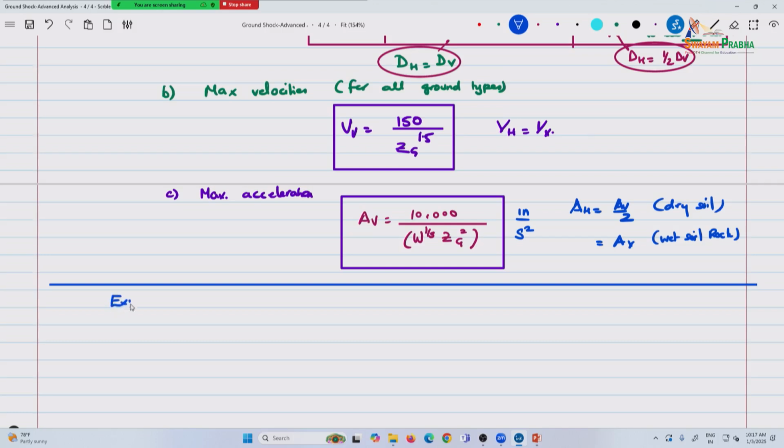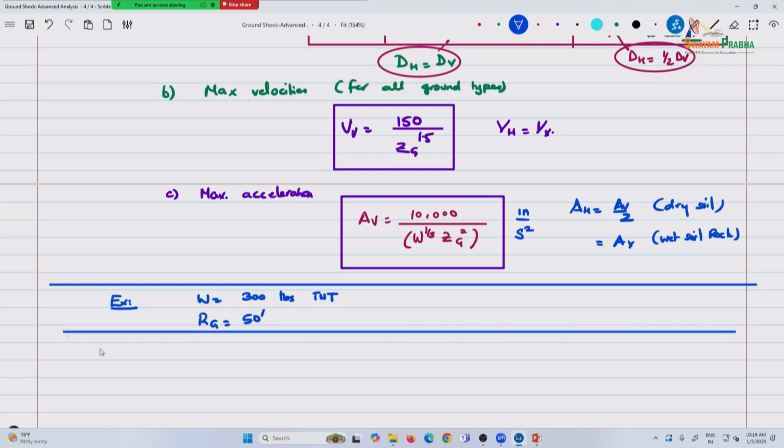Consider an example where you have W of 300 pounds of TNT and R sub G is 50 feet. The question is to calculate the air induced and direct ground motion parameters.